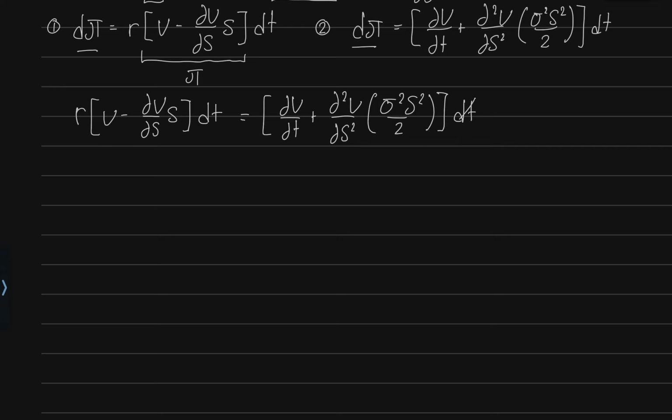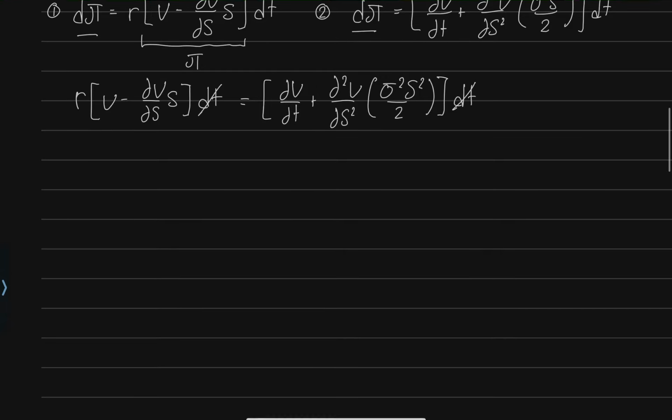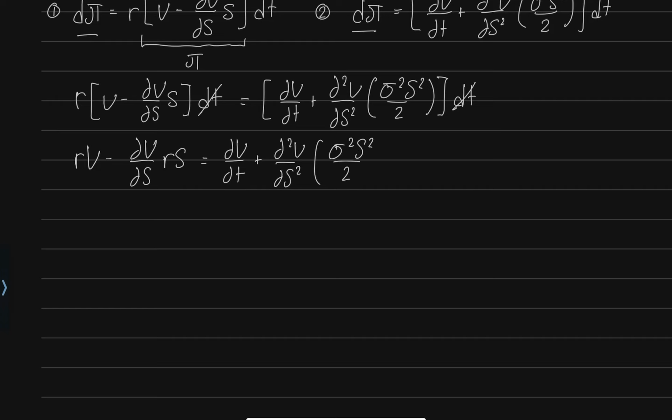So as can be seen, dt is on both sides, which can be cancelled. And what I'll be left with now is going to be rv minus the partial derivative of v, partial s, rs is equal to partial v, partial t plus the second partial derivative of v times sigma squared s squared over 2.